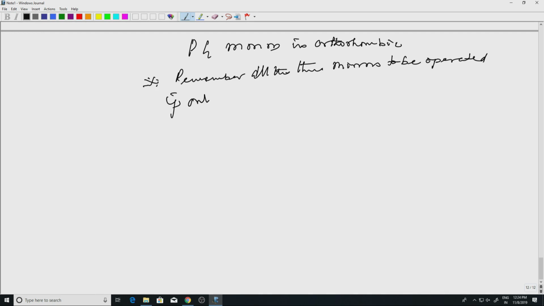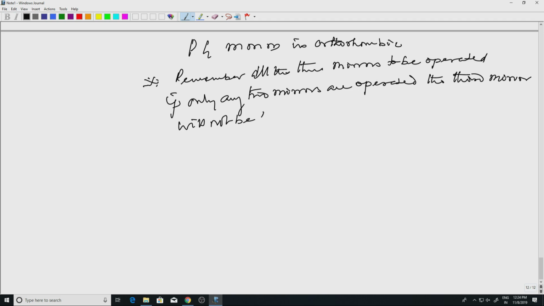If only any 2 mirrors are operated, the third mirror will not be generated. It can generate only a two-fold symmetry.